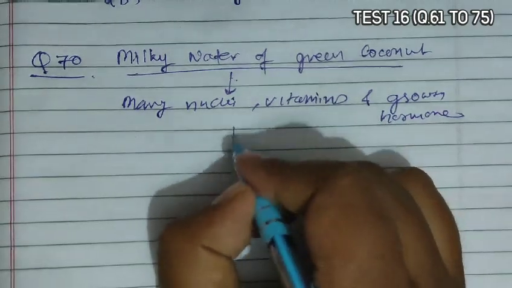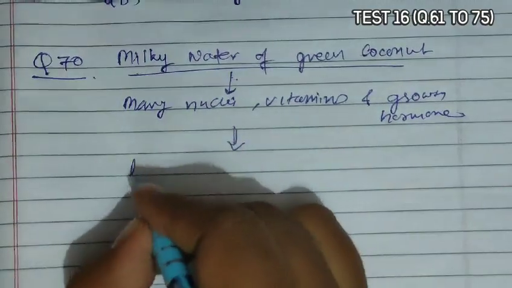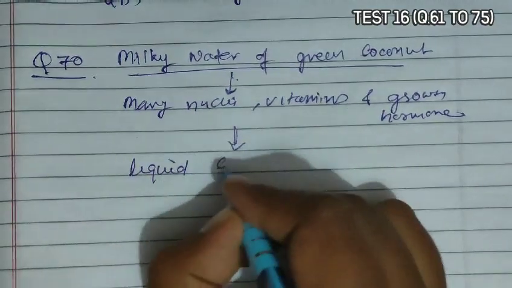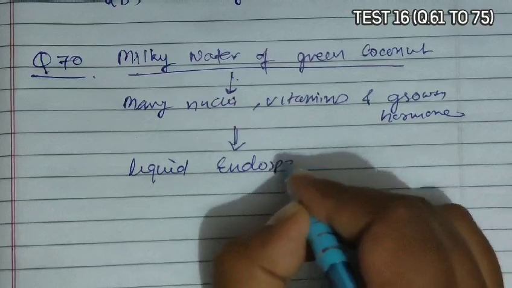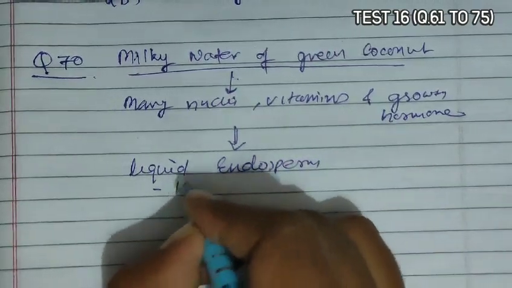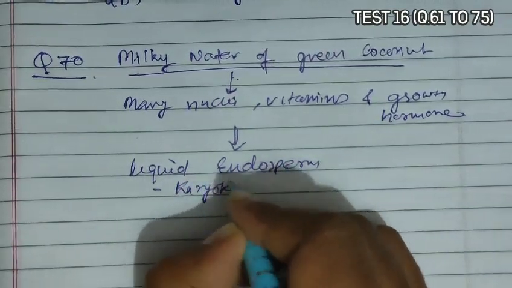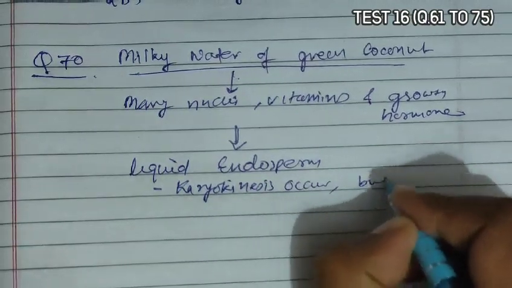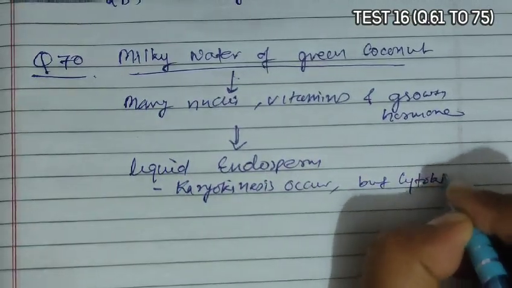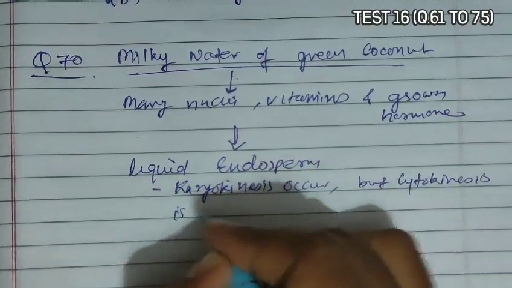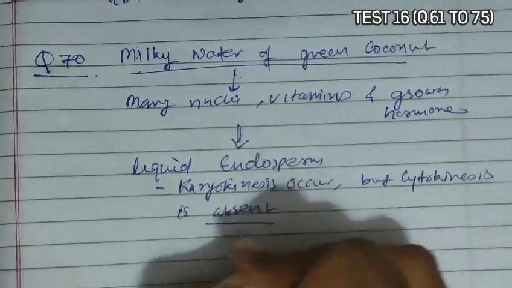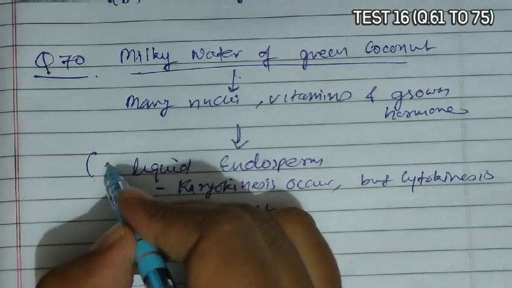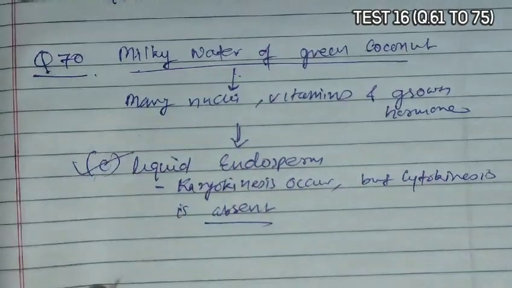So this milky water represents many nuclei. So it is an example of liquid endosperm where karyokinesis occurs, but cytokinesis is absent. So liquid endosperm, that is option C, is the correct answer.